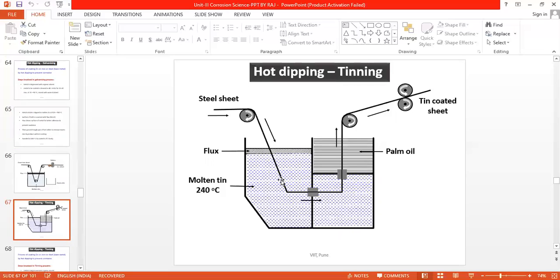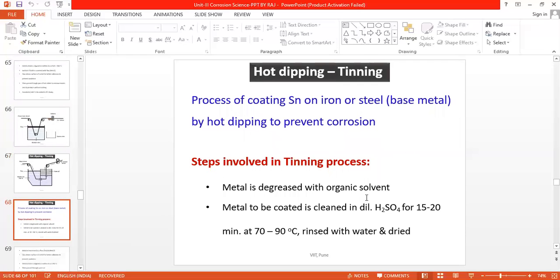It is dipped in the first compartment in which the molten tin is covered with the flux. Then it is taken to the second, where the molten tin surface is covered with palm oil. Then it is passed through a pair of hot rollers to remove the excess tin, and then the tinning is done.